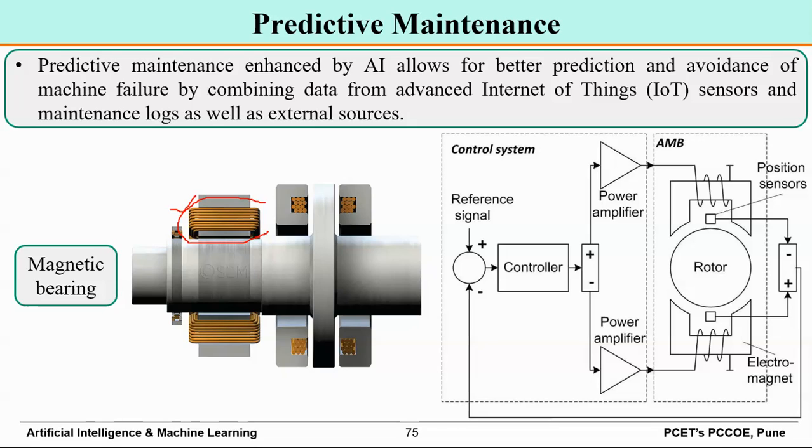If there is a fluctuation in the electricity input, the shaft may move axially beyond a certain limit. So immediately the system will stop. Trip. Clear? So is it a clear application of AI ML in mechanical engineering? Interesting? Okay, read more.